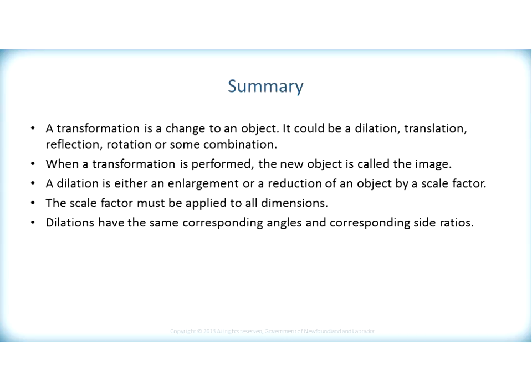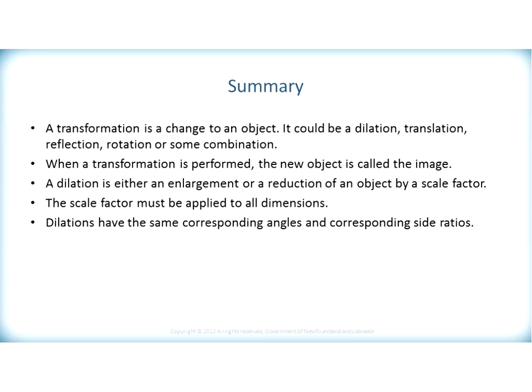A dilation is either an enlargement or a reduction of an object by some scale factor. So your dimensions in your object are all going to be multiplied by the same scale factor to get either an enlargement or a reduction. The scale factor must be applied to all dimensions.